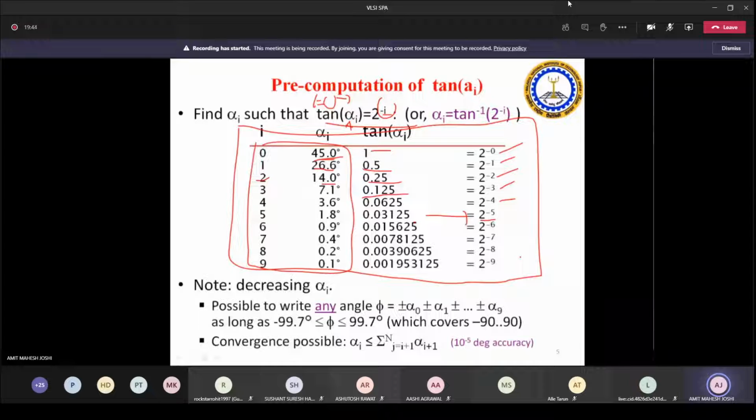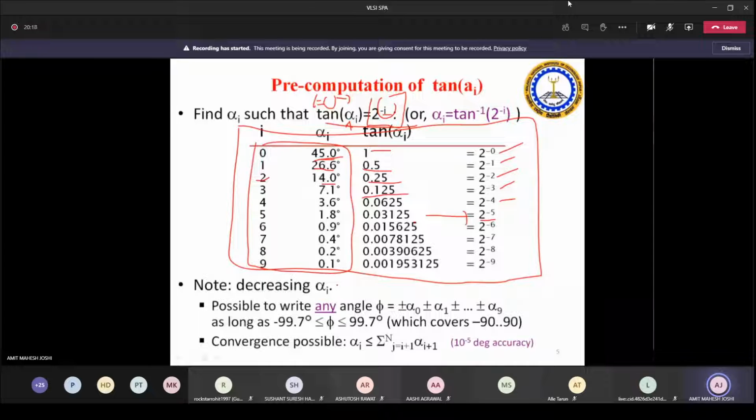Why am I doing that? Because if it becomes 2 raised to minus i form, then I can do a simple rotation. 2 raised to minus i is simply a rotation to the right. If I rotate on the right-hand side, then it is simply a division by 2 raised to minus i. So this way I am preparing a standard value.